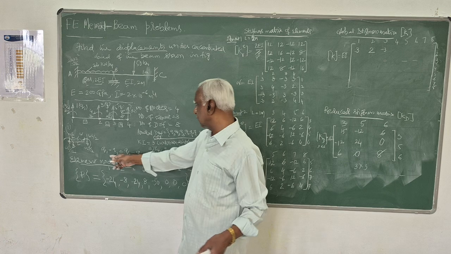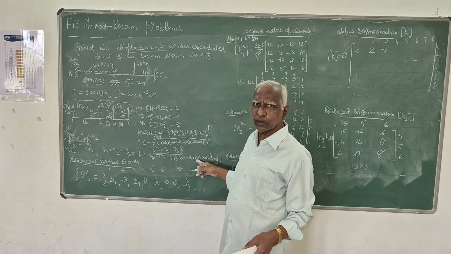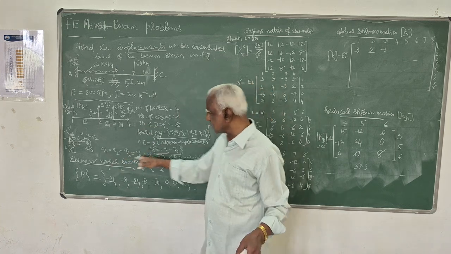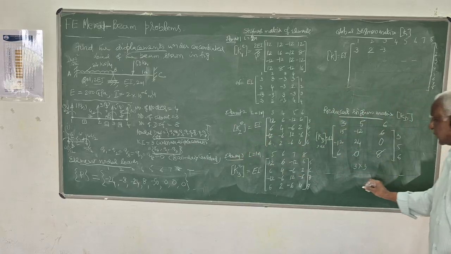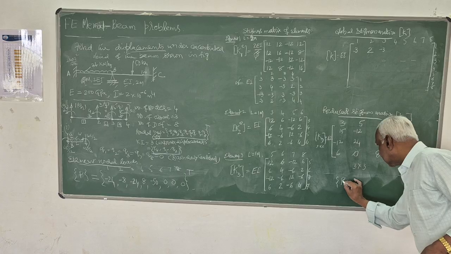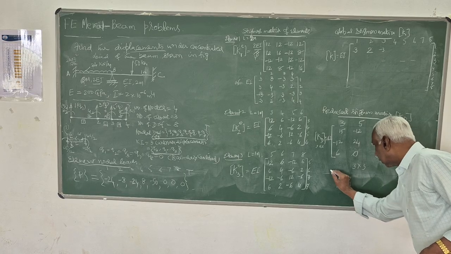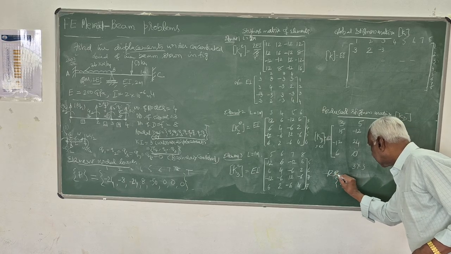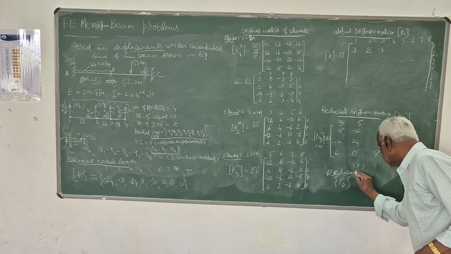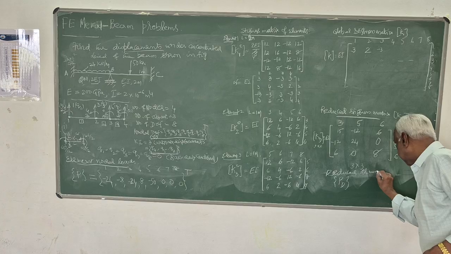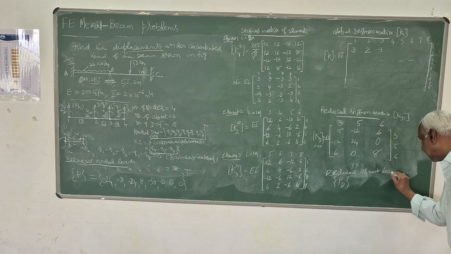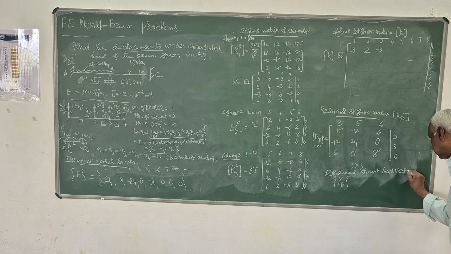That is, I told you here, Q1, Q2 and all 0, the constraints can be left out, and the remaining things correspond to the unknowns. Then you take the reduced load vector.